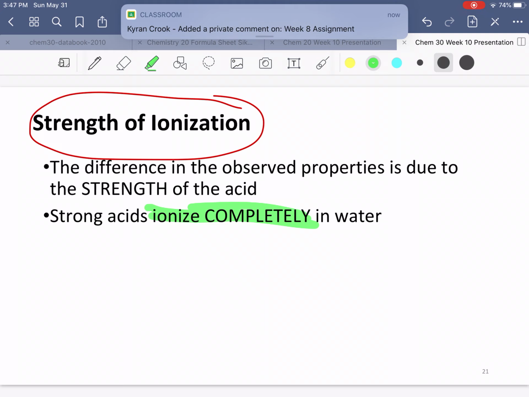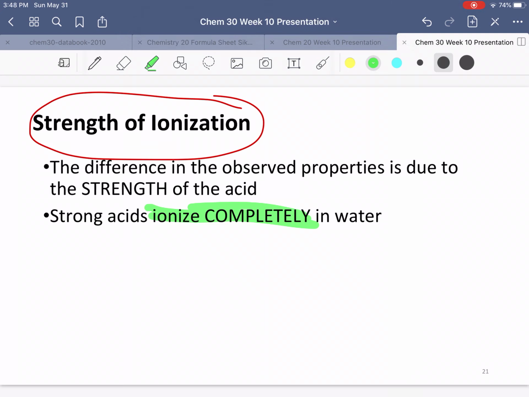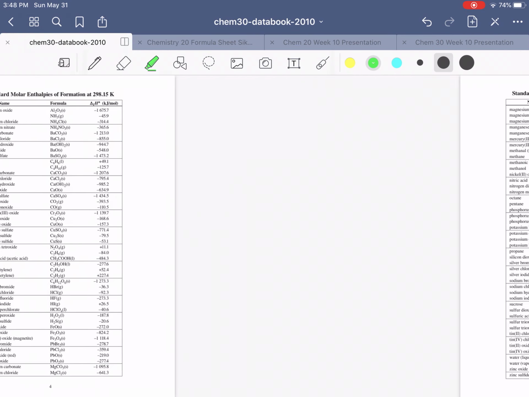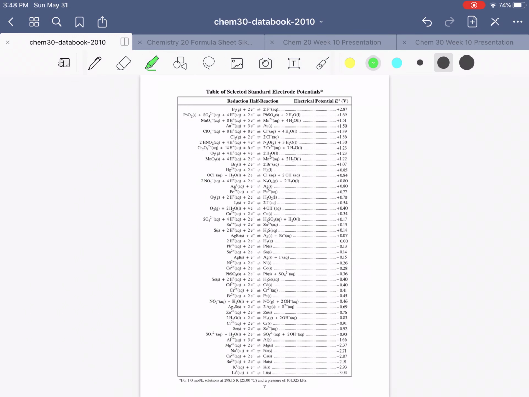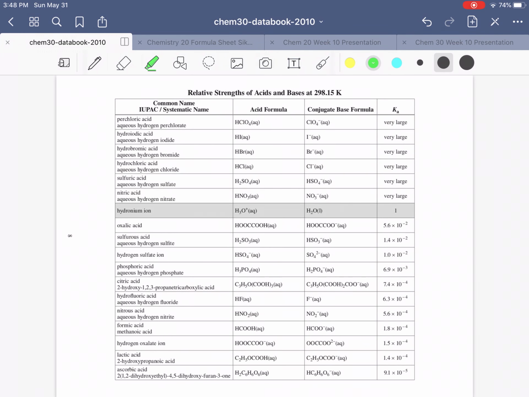Totally, fully. Now, for example, guys, last year you had 6 acids that we told you to memorize, these strong acids, know what they are. You get a bit of a break in Chem 30. If you go in your data booklet and check out page 8 and 9, these are the ones that are sideways in your data booklet. I flipped them over here.